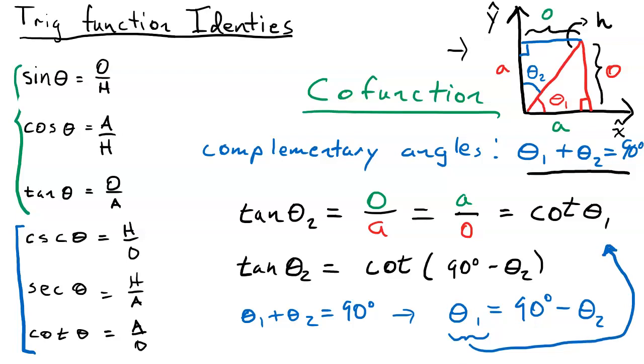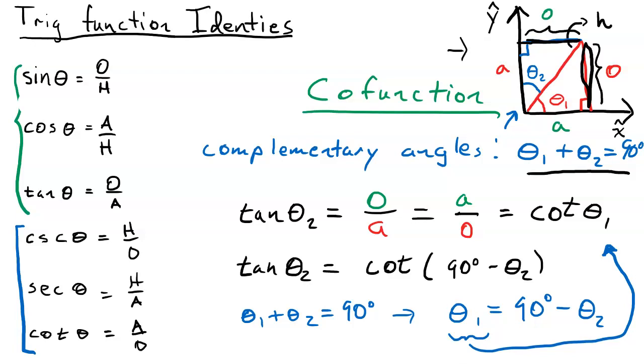And now I've shown why cofunctions have the definitions they do. It's because when you have complementary angles, you can make right-angled triangles with those two angles. So when you have complementary angles, you can draw an x and y axis like I did here, and you can create right angles by simply drawing a straight line right here.